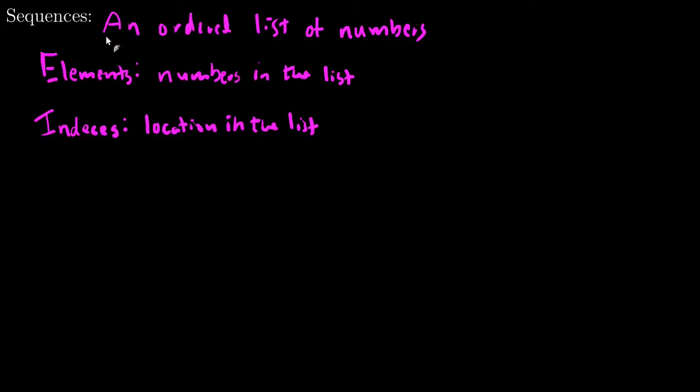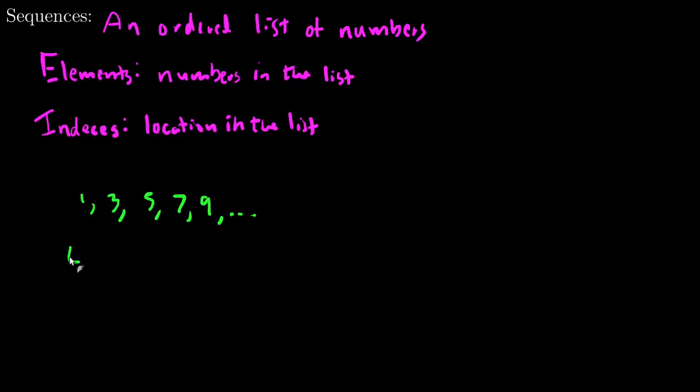Now, for a sequence, it's important that there is an order to them. Sets are unordered lists. Sequences have an order. So as an example, the sequence of positive odd numbers: 1, 3, 5, 7, 9, and so forth and so on. In this one, the terms are like 1 and 3. The terms and elements are somewhat interchangeable.